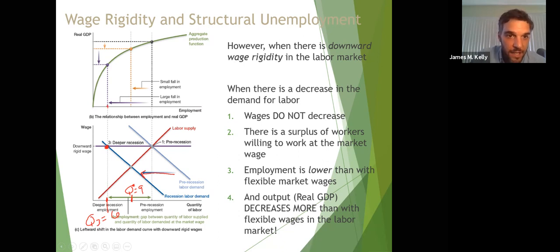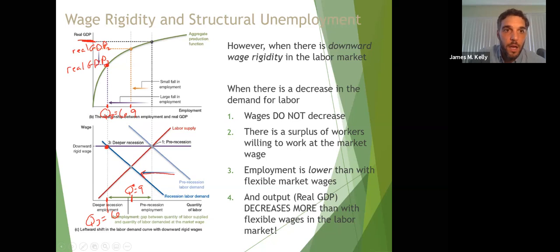If that's the case, now our input for labor is going to be even lower than where it was with flexible wages, and it's going to cause real GDP to see an even bigger decrease. It was initially up here. I'm doing a different color here.